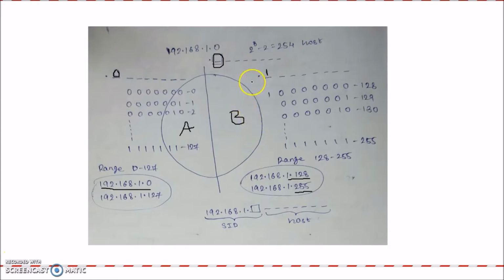If a packet with IP address 192.168.1.0 comes from the outside, where does it go: to subnet A or to the whole network? This question arises after studying this much of subnetting. For this ambiguity, consider the following scenario.